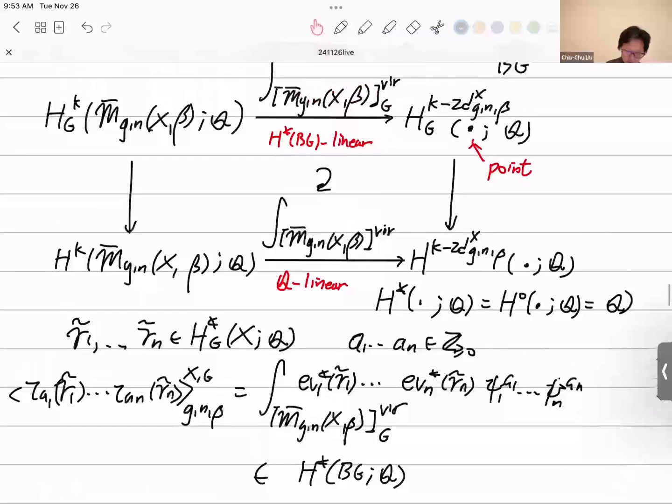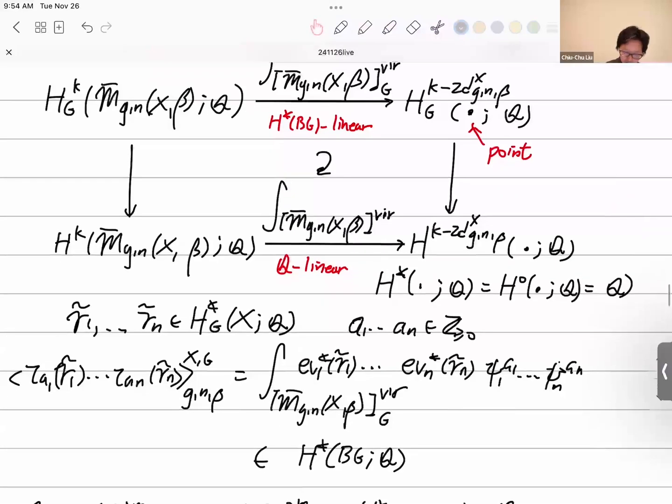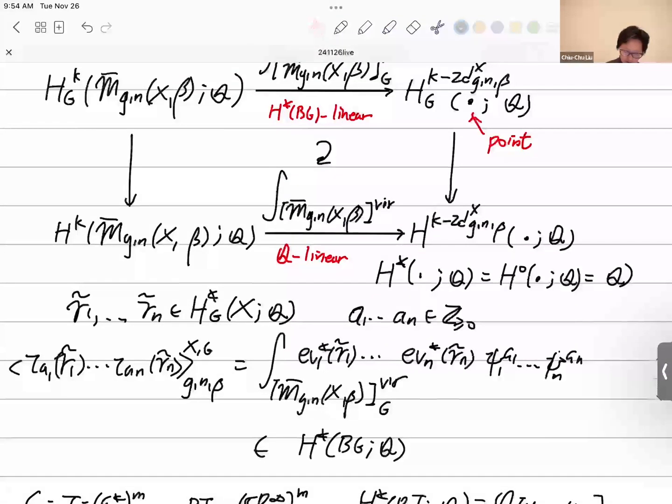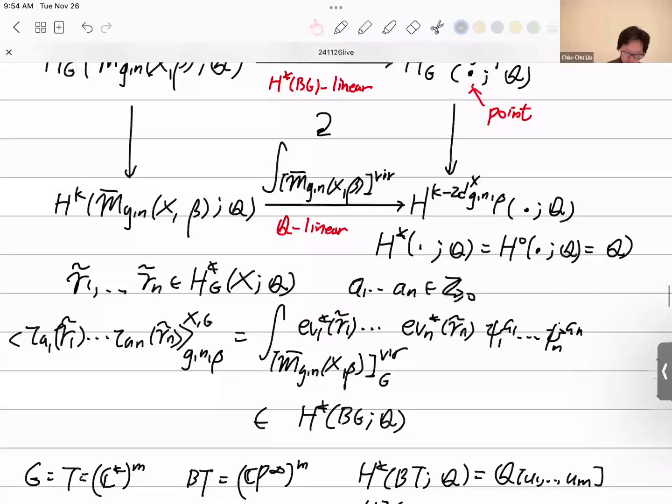So we will actually specialize to the case that G is a torus. Suppose gamma i tilde are G equivariant cohomology classes on X with rational coefficients, and we have non-negative integers a1 to an. Now we define the G equivariant descendant Gromov-Witten invariants by the same formula.